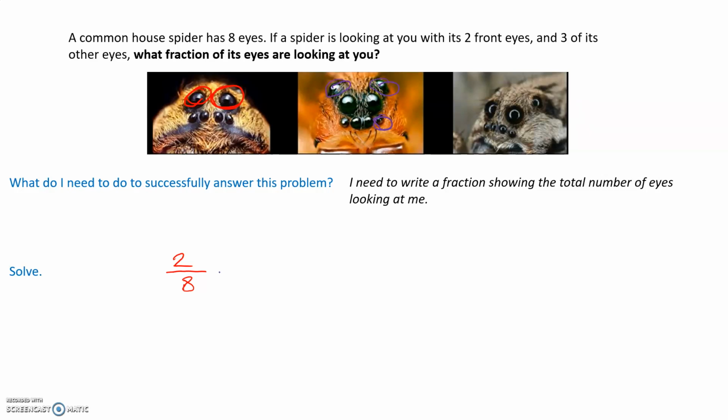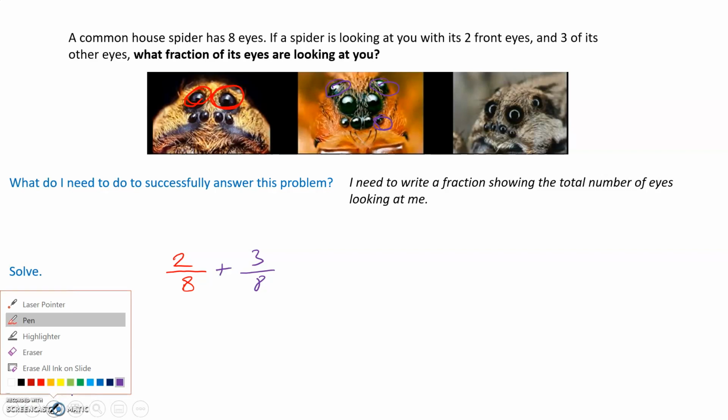All right, so plus 3/8. So I have 2/8 plus 3/8 of my total eyes looking at me. It wants to know what fraction of eyes are looking at me.